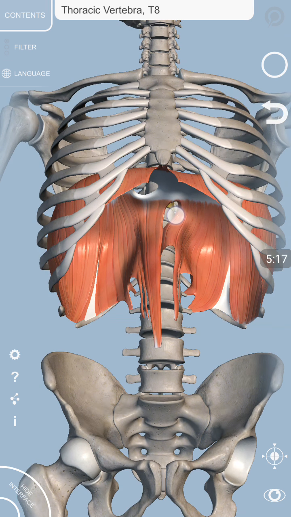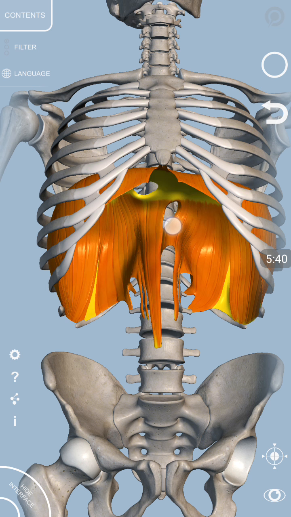Whereas this second opening, which is muscular in nature, here we can see the esophagus passes through it at the T10 level. So if this muscular portion surrounding the esophagus even constricts, it doesn't cause any problem to the esophagus, because the esophagus lower end is connected to the stomach. So here this muscular portion is acting as a sphincter.